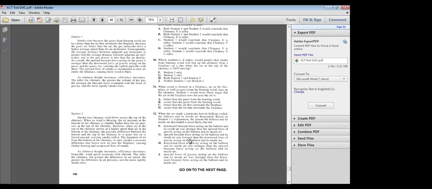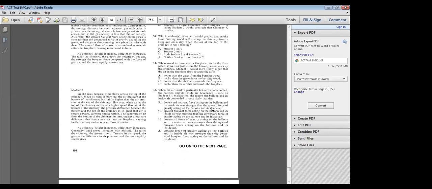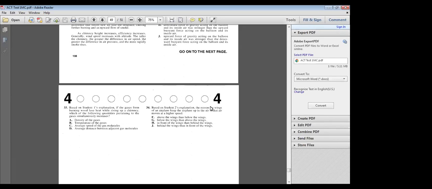So you can eliminate some of these just by looking, like buoyant force is not a downward direction. So you could eliminate that one just seeing those first few words. And then you could eliminate J by seeing those first few words say upward force of gravity. So then the only two you'd really be looking at are G and H. And it talks about it right here, word for word, upward buoyant force and the downward force of gravity. So it's found right in the text, okay?